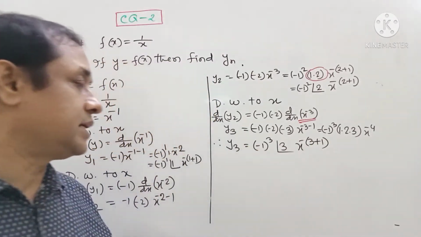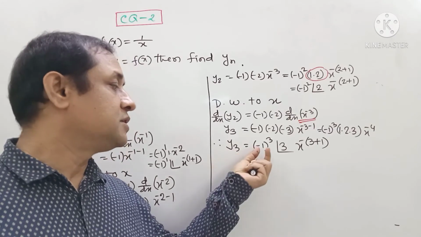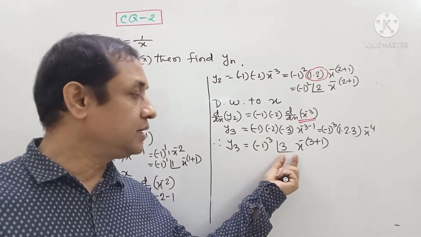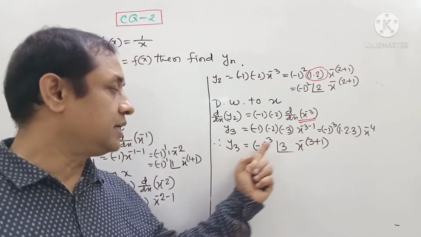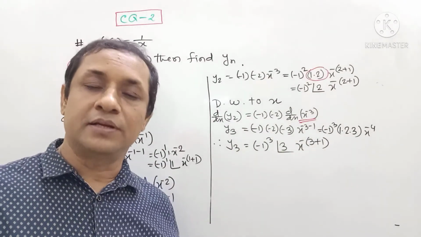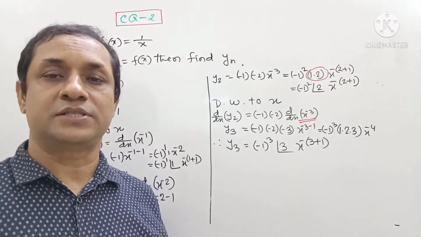So student, attention please, here is 3 times differentiation, so minus 1 whole to the power 3 and factorial 3 and x to the power 3 plus 1. Here 3 and here 3. So similarly, we can write student n time differentiation.